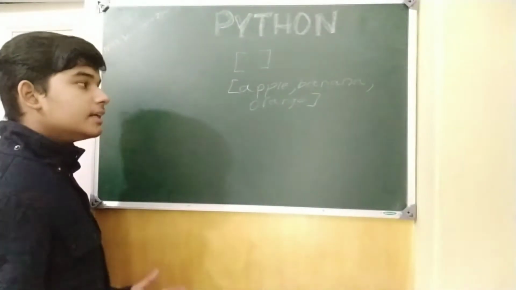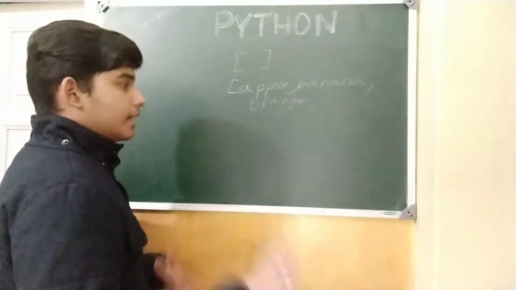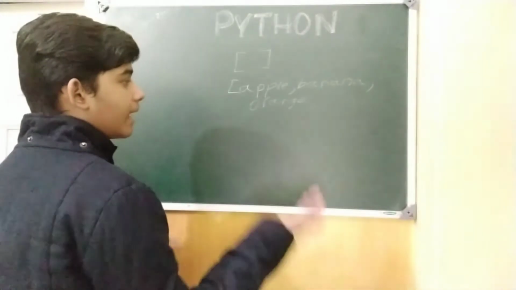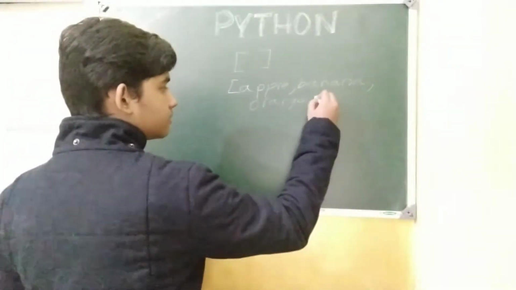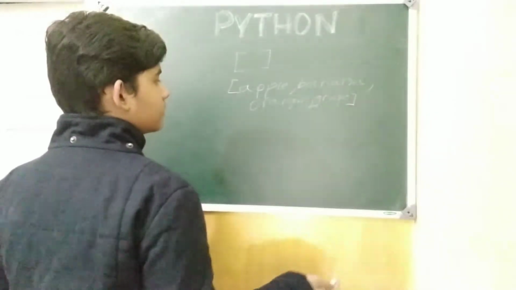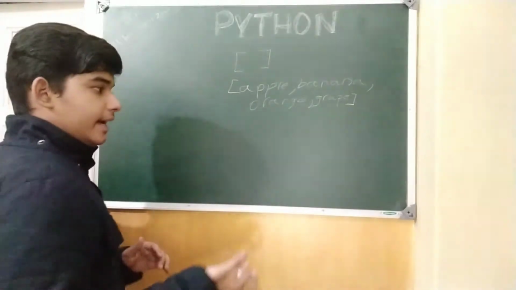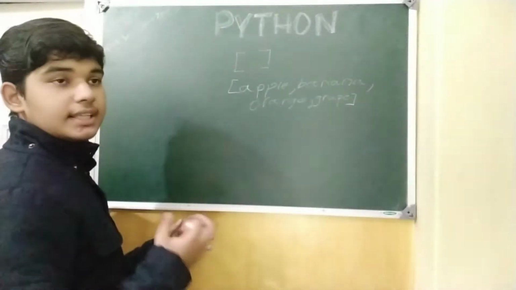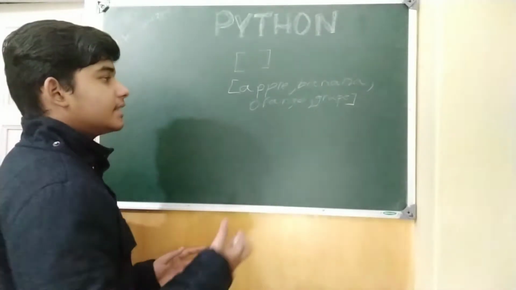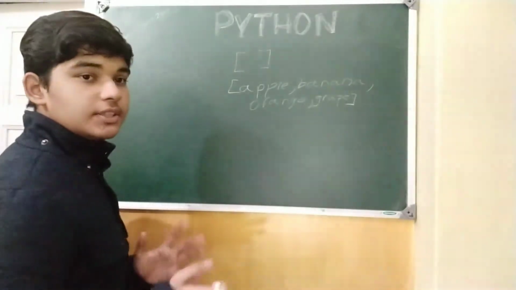And if you added something else, for example grapes, instead of adding it somewhere randomly, it'll add it at the end. So it doesn't change the order, it just adds something at the end of it. That is how a list works.